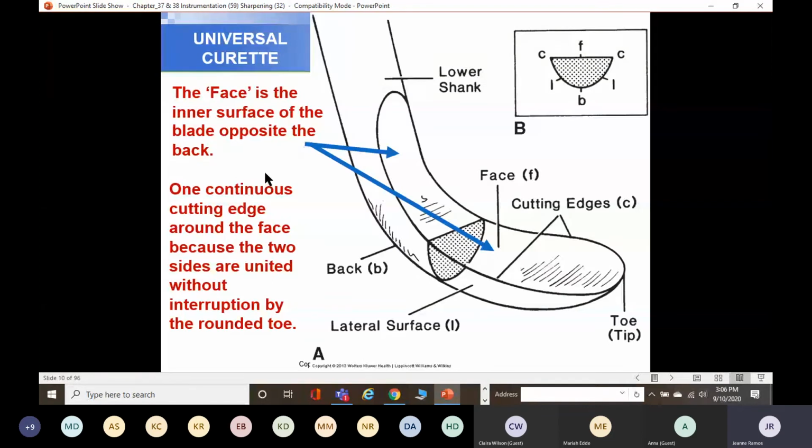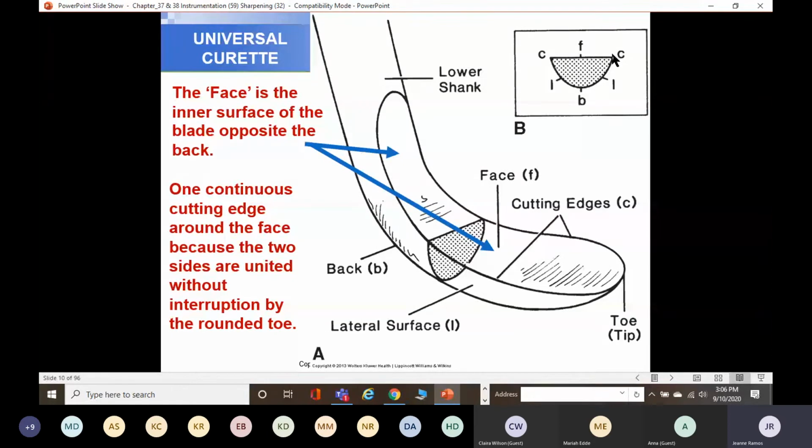So we're going to go back to the universal curette. The face is the inner surface of the blade, obviously opposite of the back. The same thing would be for a Gracey curette; even though the face is on the diagonal, this face is straight across at a 90-degree angle. It's flat like this.